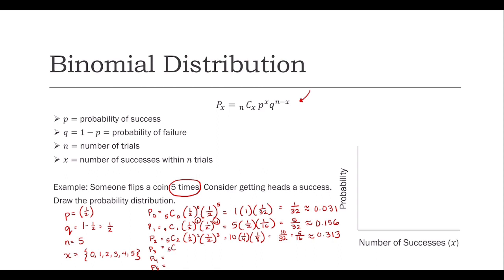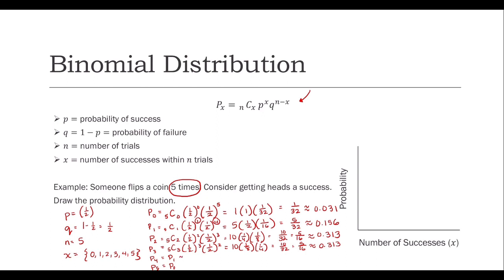P3 is 5 choose 3 times 1/2 cubed times 1/2 squared, which is 10 times 1/8 times 1/4, which is also 10/32, which is 5/16, which is approximately 0.313. P4 is going to be the same as P1, and P5 will be the same as P0, and that's because our success and failure have the same probabilities.